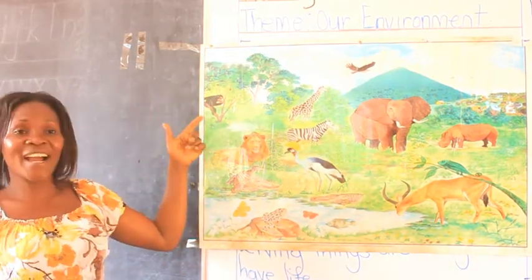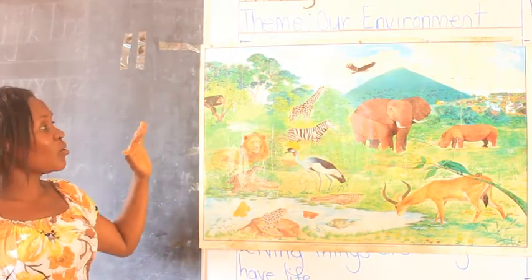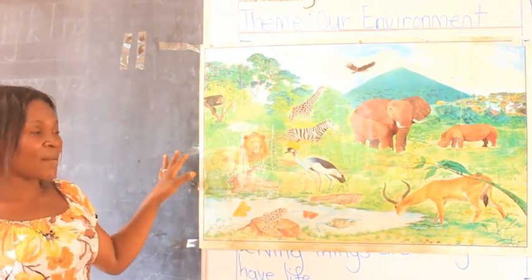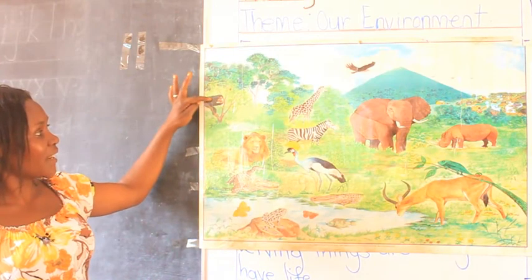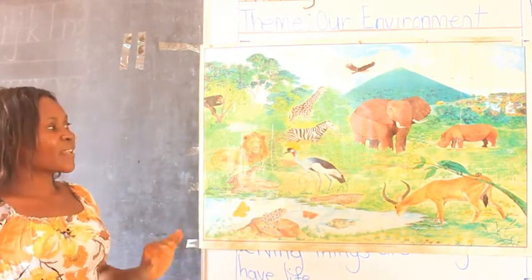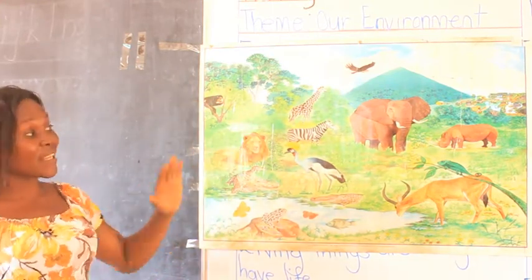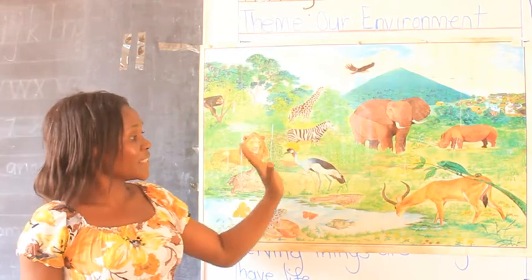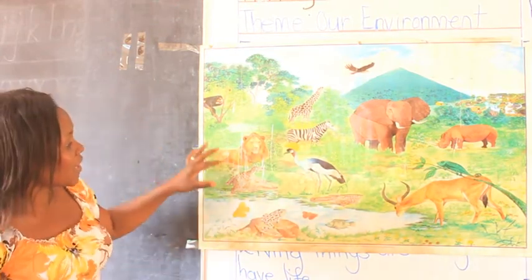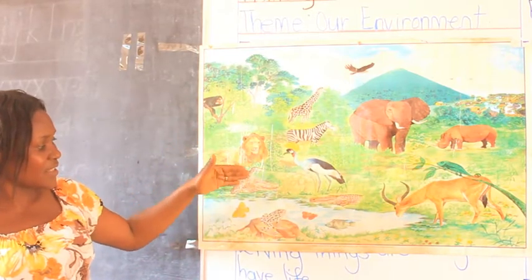There are certain animals within our environment that enjoy living or staying on trees, for example this one. The monkeys, baboons, and gorillas enjoy living in a forest. So all that is within our environment. There are animals, as you see. This is a lion. There is this one, a crocodile.